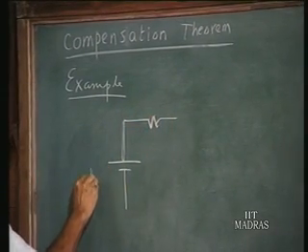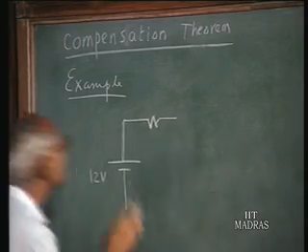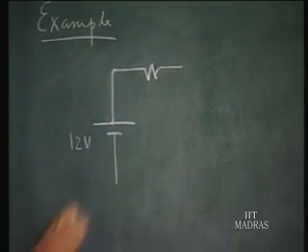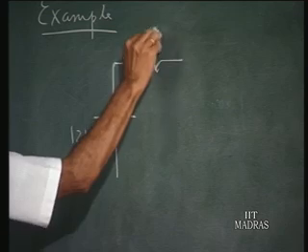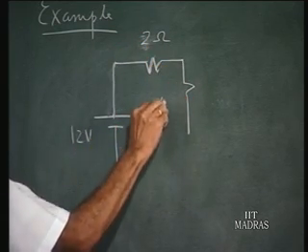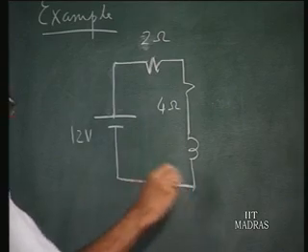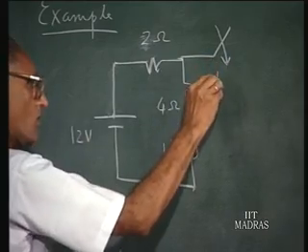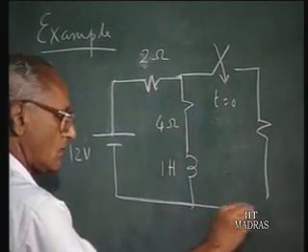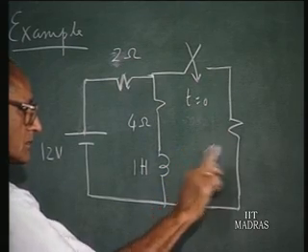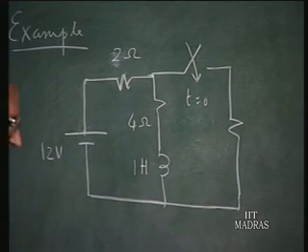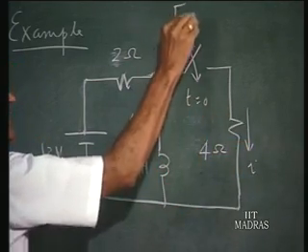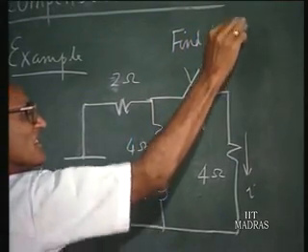You have a 12 volt DC source operating in a circuit which has a 1 Henry inductor, and then the switch is closed at t equals 0, connecting a 4 ohm resistor. Find i of t for t greater than 0.